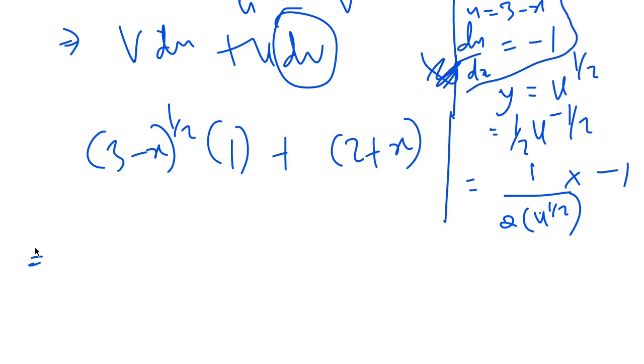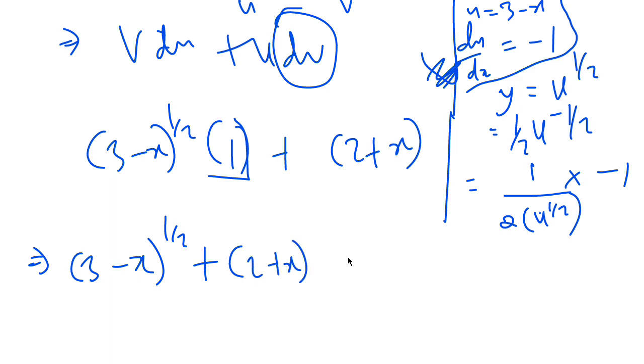So what will now be your answer? 3 minus x raised to power half. This 1 is not having effect. It's just times 1, plus 2 plus x multiplied by the dy du, which is that function, times what? Minus 1 over 2 u raised to power half. And what is u? 3 minus x raised to power what? Half. Are you seeing the gist?